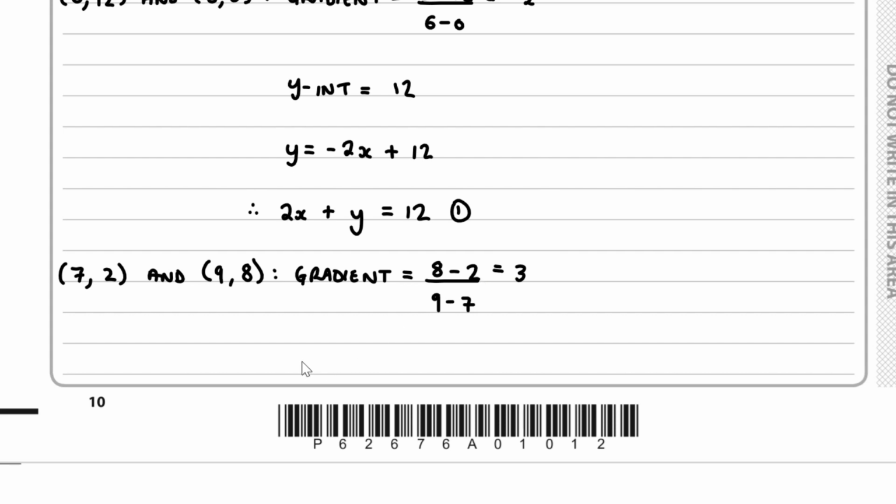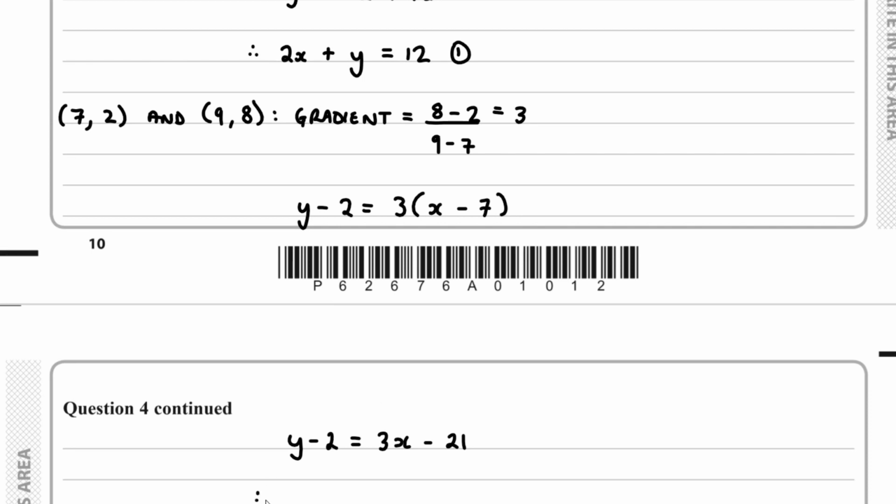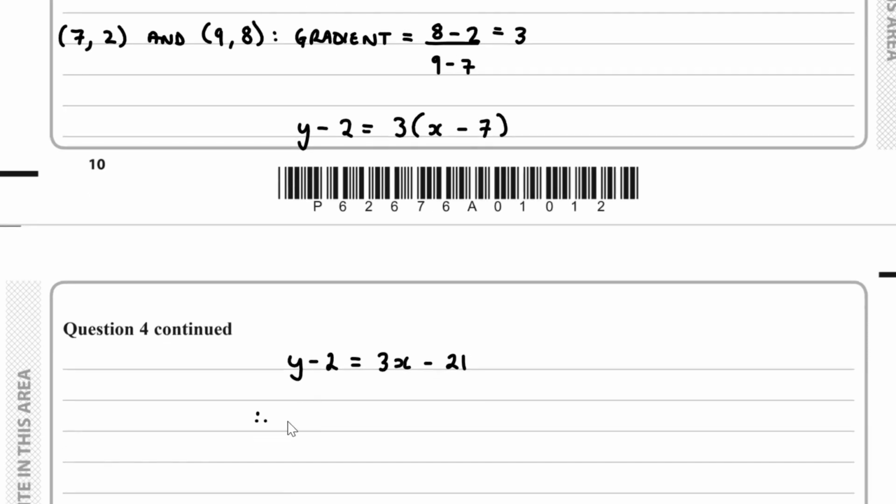So therefore the equation of the line, we're going to have y minus y1, so we've got y minus 2 equals 3 lots of x minus x1, so we've got x minus 7. So we've got y minus 2 equals 3x minus 21. So if we tidy this up, you can see here, we end up with 3x minus y equals 19.